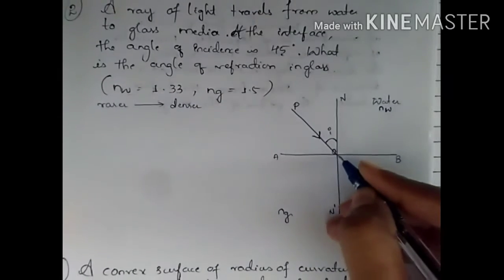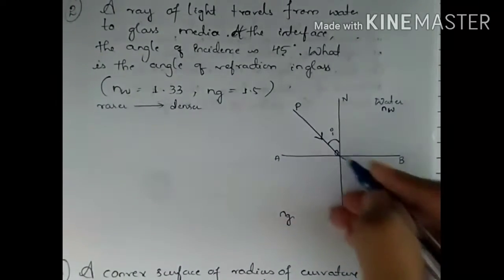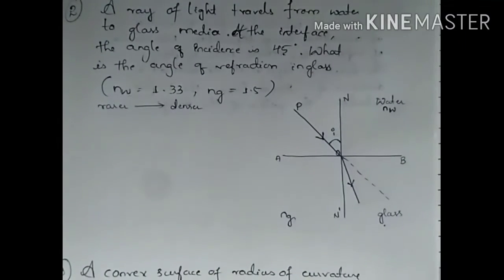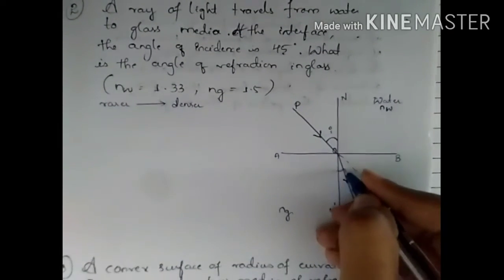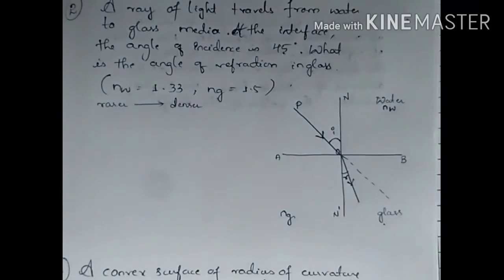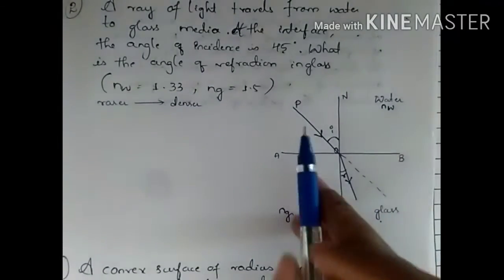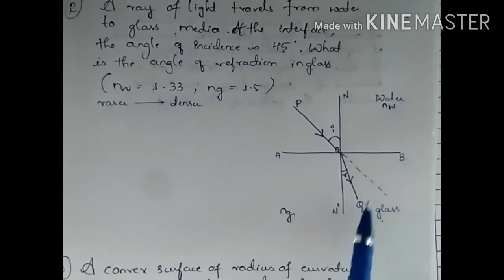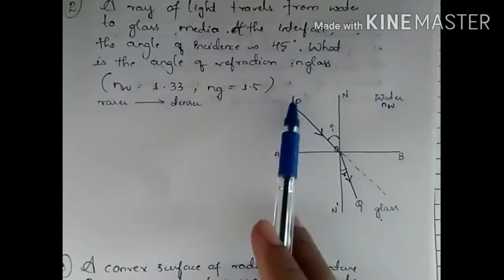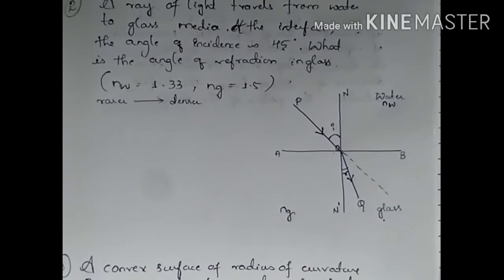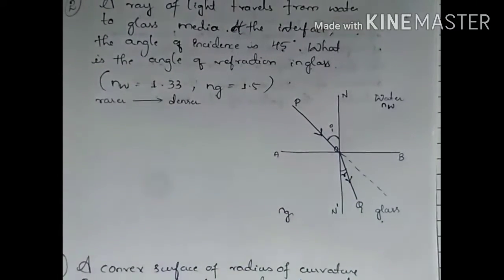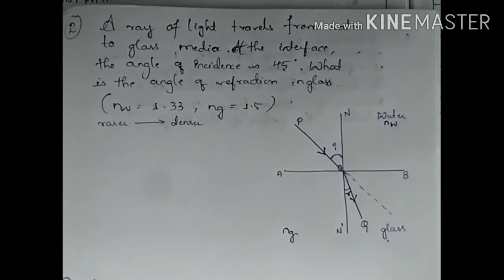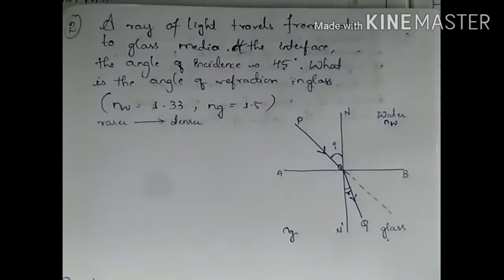So again the light ray will bend towards the normal and away from the surface. This forms the angle of refraction R. OQ is the refracted ray, PO is the incident ray. Here the angle of incidence is 45 degree to the normal drawn to the interface.